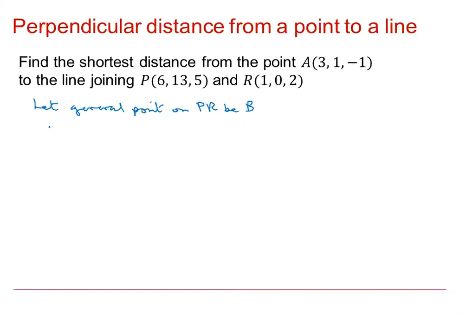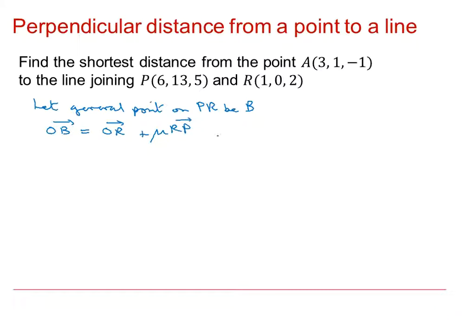And we want to know the position of B from the origin to start with. To get to B from the origin, one option is to go along the position vector OR and then a multiple of the direction vector RP.